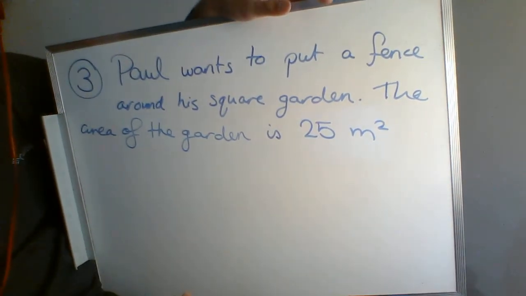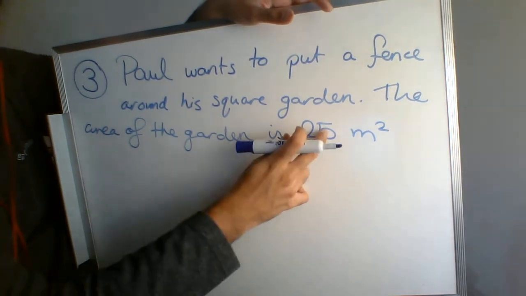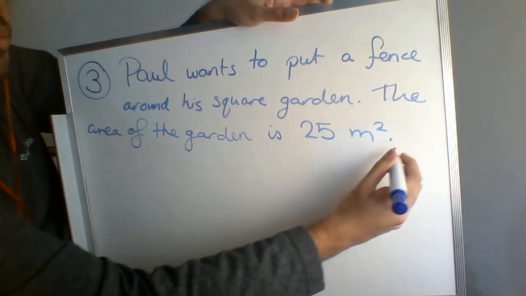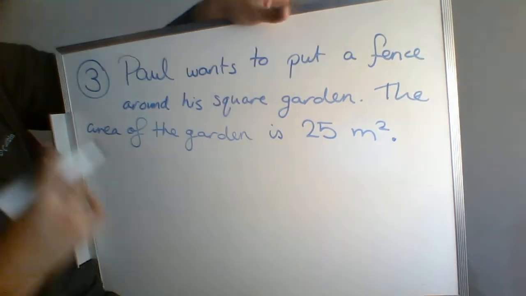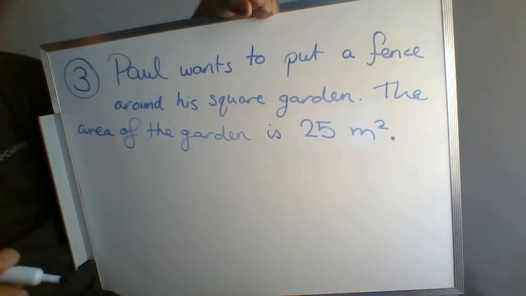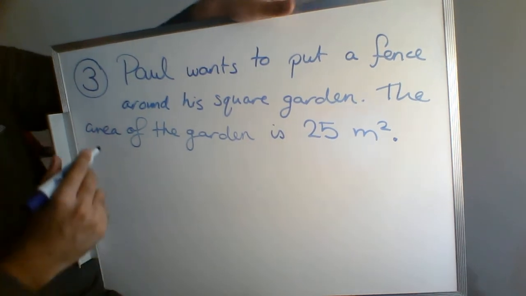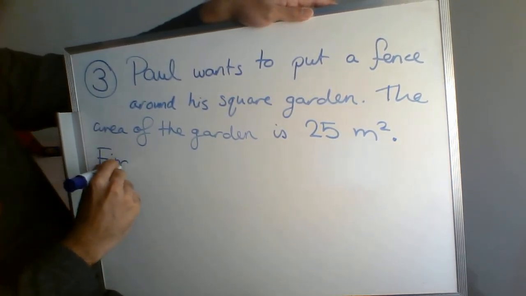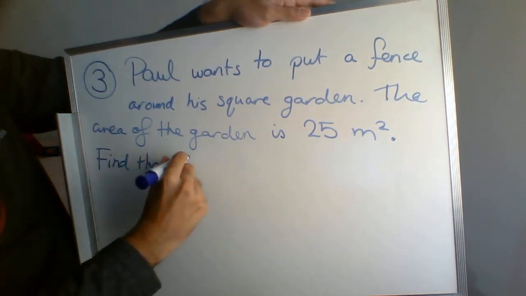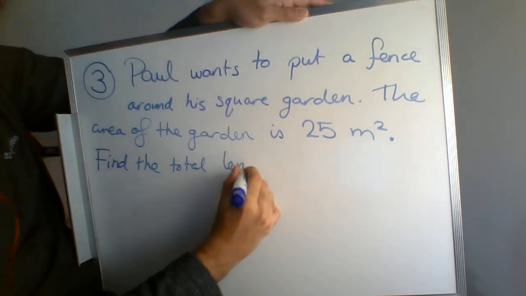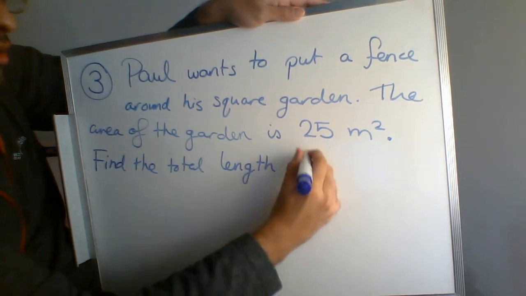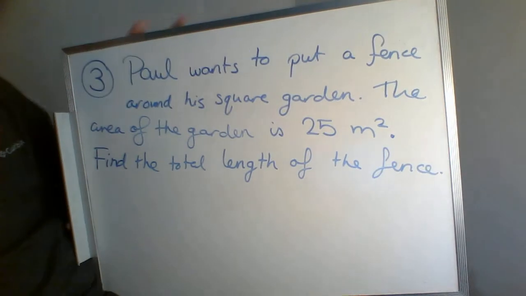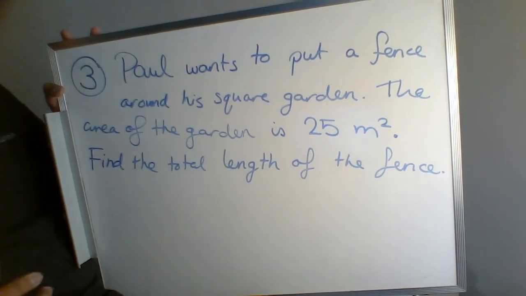This is the part where we haven't really talked about area and perimeter and all that stuff. This is just an example for us to exercise some of our algebra skills. So, the area of the garden is 25 square meters. Find the total length of the fence. Alright, so I'll leave that up there while we just think about this.